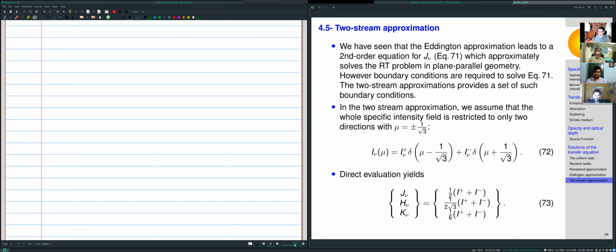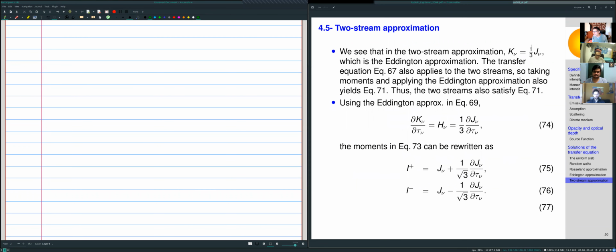So I'm saying, let's consider this specific intensity field, and I'm using this angle, cos theta is 1 over square root 3, okay? That's important because then these coefficients come out just right. As Felipe says, it gives me the right coefficients. Because with this 1/3, I get the one third here, which is what I need to say that the two cones fulfill the Eddington approximation.